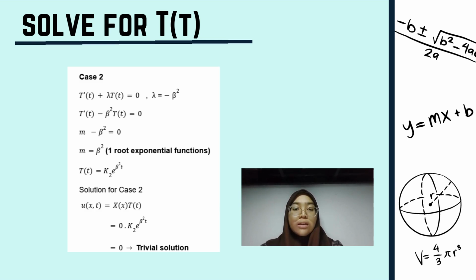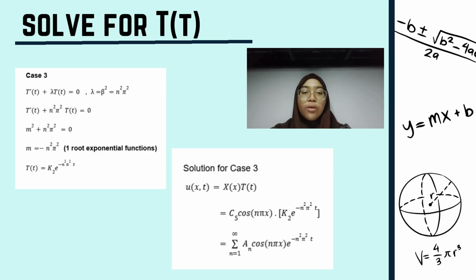And the function will be T(t) equal to k2 exponential the power of beta squared t. And then for the solution for case 2, u(x,t) equal to 0 multiplied by k2 e to the beta squared t. And for the solution, we will obtain 0.